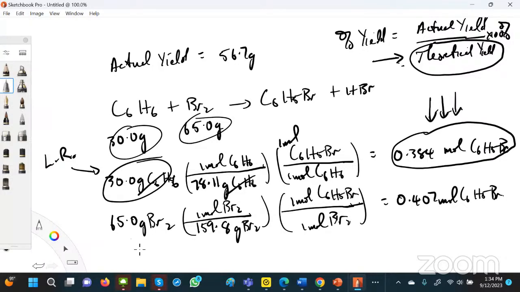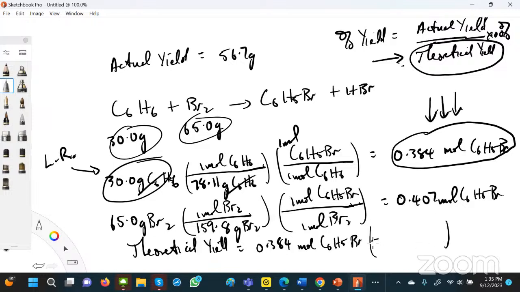Exactly. So the theoretical yield is equal to 0.384 moles of C6H5Br multiplied by 1 mole of C6H5Br below and the molar mass above. So 12.01 times 6 plus 5 times 1.008 plus, what's the molar mass of bromine?